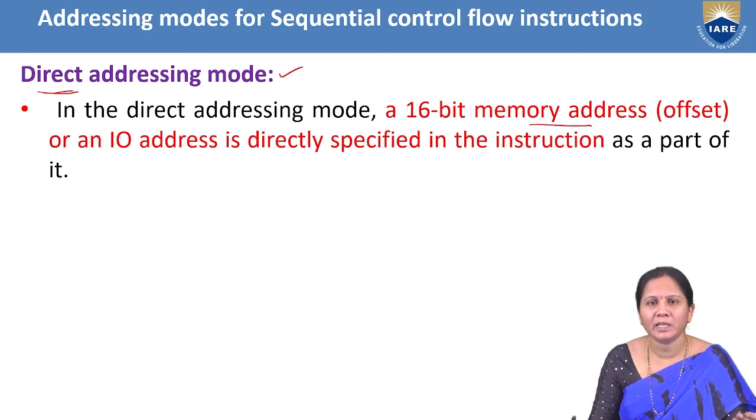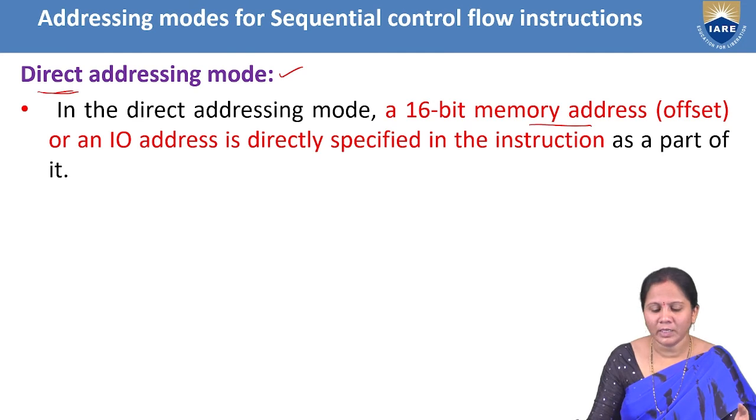The address we specify as a part of the instruction is nothing but the offset address. We have already studied what is meant by segment address and offset address. In direct addressing mode, whatever address we specify as a part of an instruction is considered an offset address.